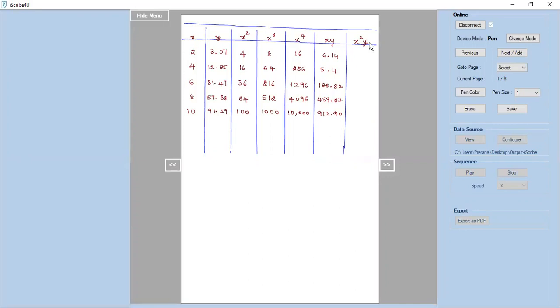So 12.28, 205.6, then 1132.92, 3672.32, and last value 9129.00. Now we need to sum up all these values and write down the summations.